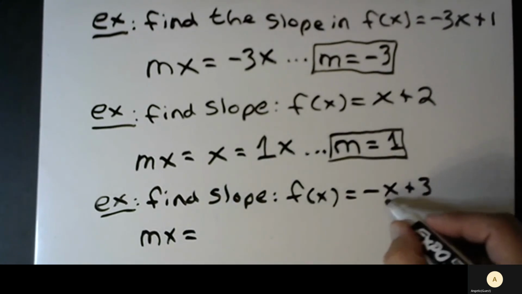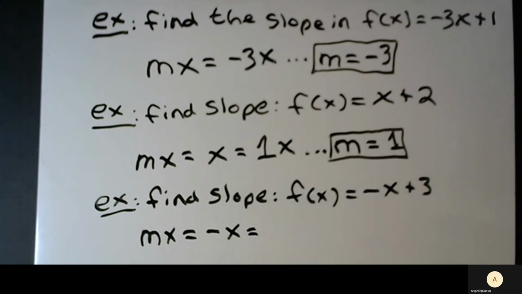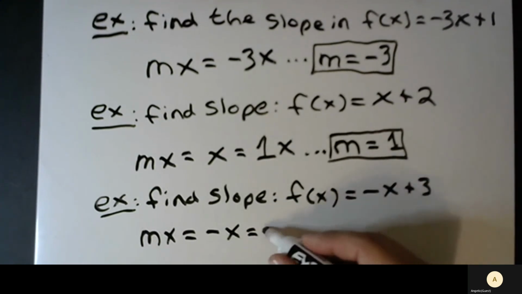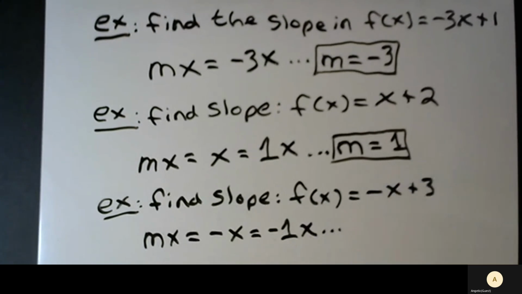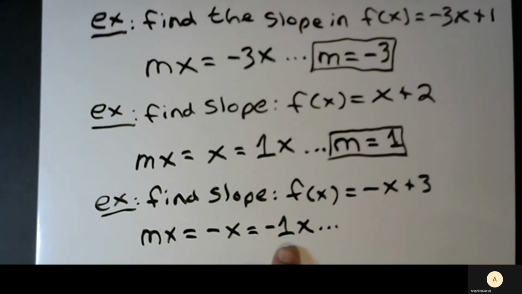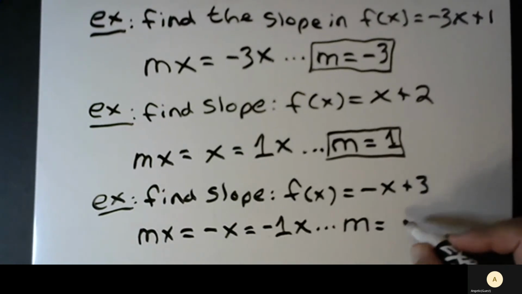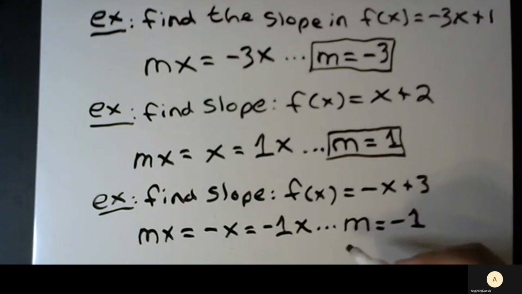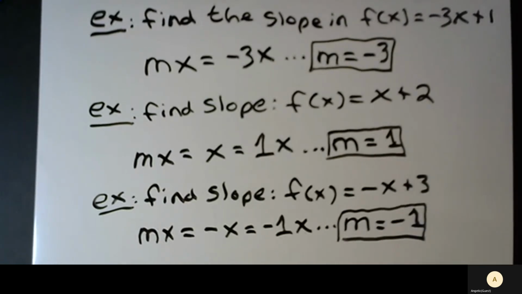We look for what's happening with the x. It's negative x. But you can rewrite this as negative 1x. And now you can see the m. The m is going to be that negative 1. So m will be negative 1. Questions about that?